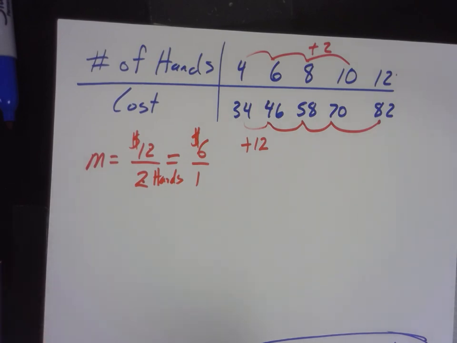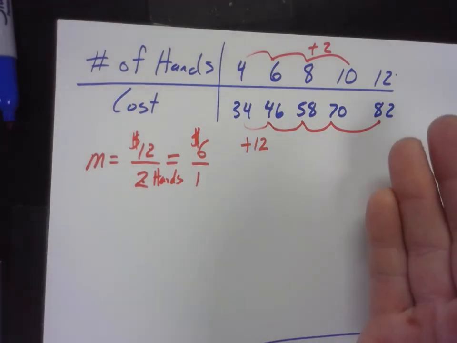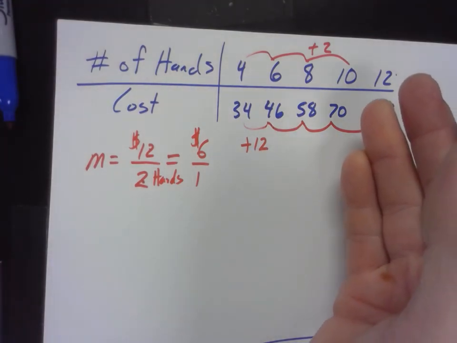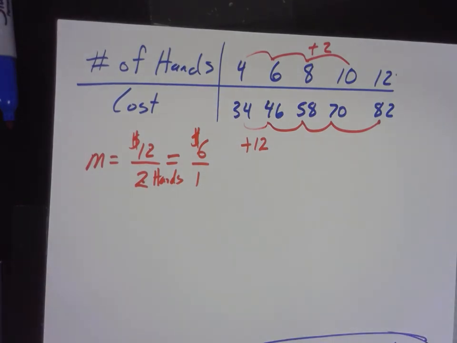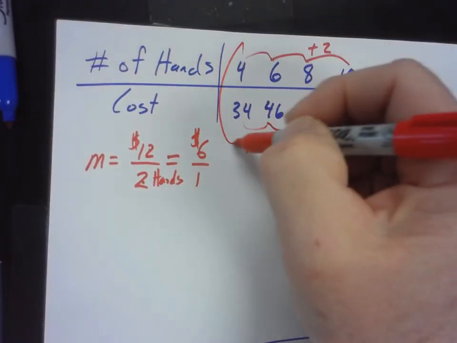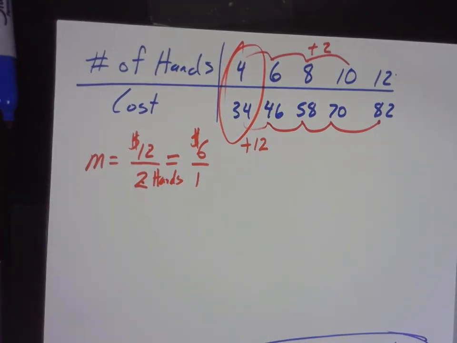Okay. Now, we got the slope. We got a bunch of points. Can we find an equation? Yeah. Let's do it. Which point do you want to use? 4, 34. That one work? Yeah. Probably not a bad choice since it's the smallest point, right?